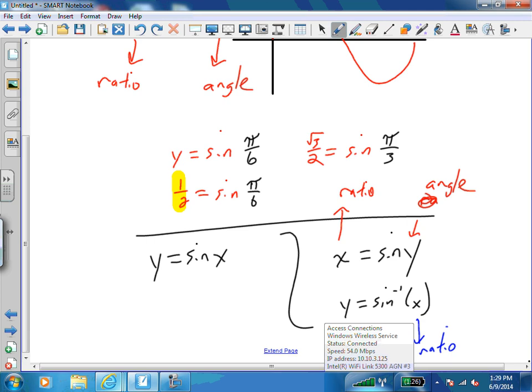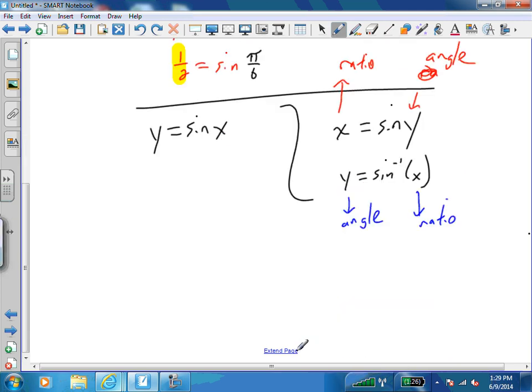Now, this book normally, instead of using the sine to the -1 notation, calls that arc sine. Nonetheless, that's a ratio, that's an angle. Now, if we think about it, the sine wave goes on forever and ever.